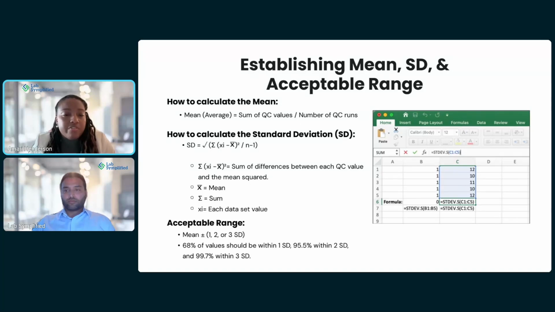So if your standard deviation is 5 and your mean is 10, in order to calculate 1 standard deviation, I'm just going to add my SD to my mean, and that gives me 15. So any value that is 15 data points away from the mean, that is 1 standard deviation, and so on. If you need a 2 SD range, you're going to take your standard deviation and multiply it by 2, and then add it to your mean. And that's how you calculate your range.